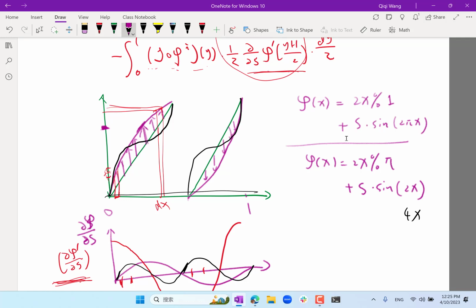The second part is that, instead of mapping the density from this dx, it will map the density from a different dx. This shift in the location of this mapping doesn't matter if the original density is uniform. But if the density here is different from the density here, then the magnitude of the perturbation actually matters, right?